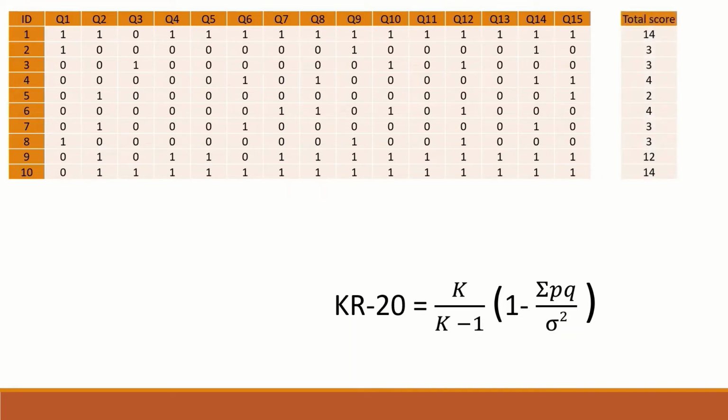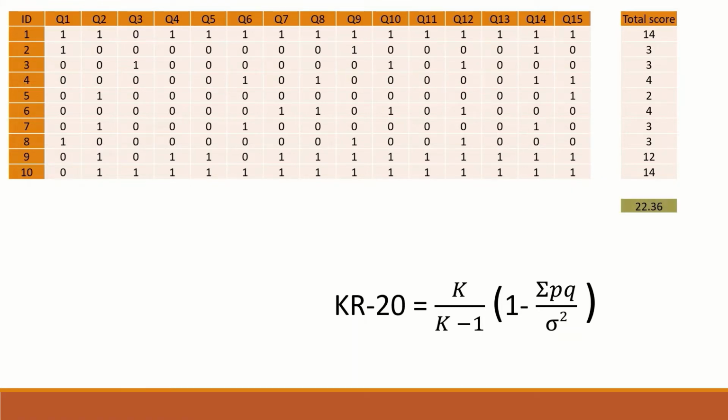First of all, calculate the total score achieved by each individual student by adding all the correct answers achieved by the student, combining them to generate the total score for each student.